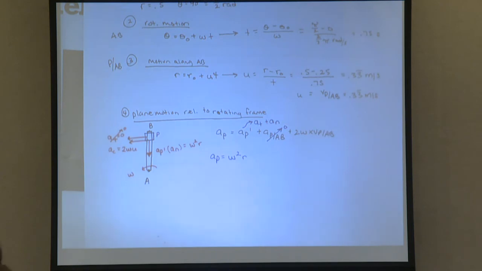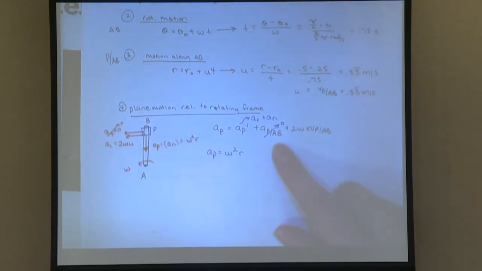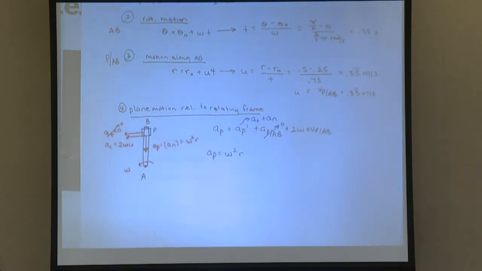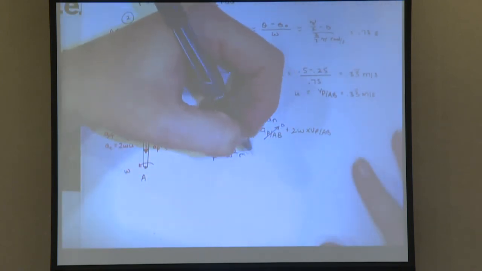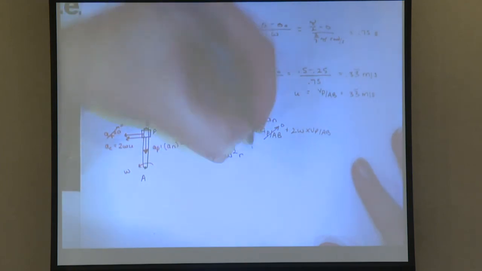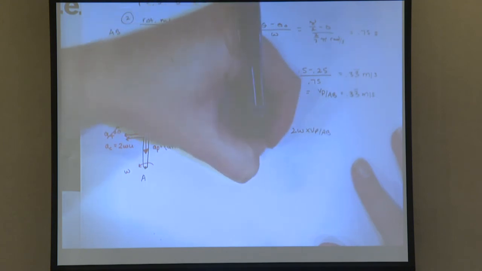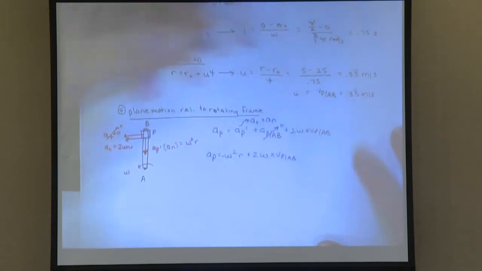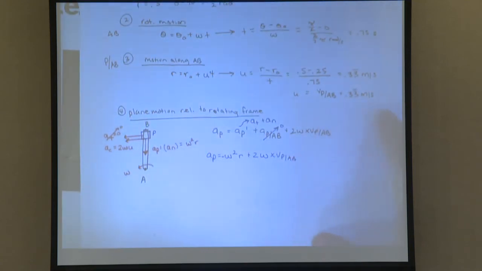Is everyone okay with that? So the AP relative to AB is the acceleration of the collar along that rod. Since it has constant velocity, that's 0. And then we have, sorry, this should be a negative sign there. Then we have plus 2 omega cross VP relative to AB, which is just u, which we found already.